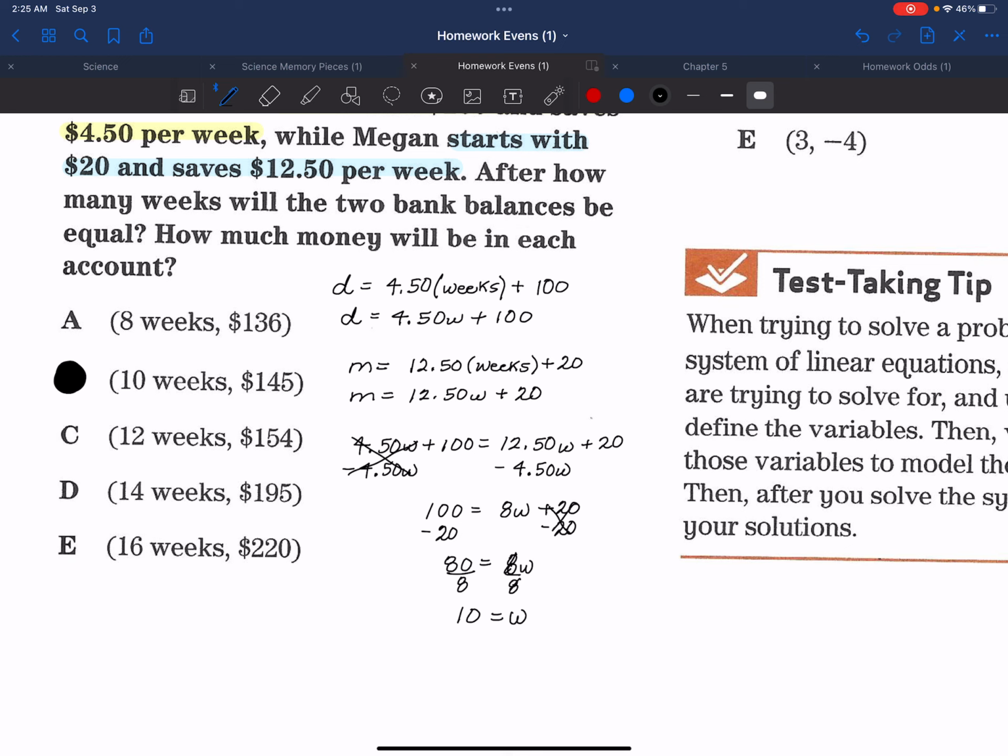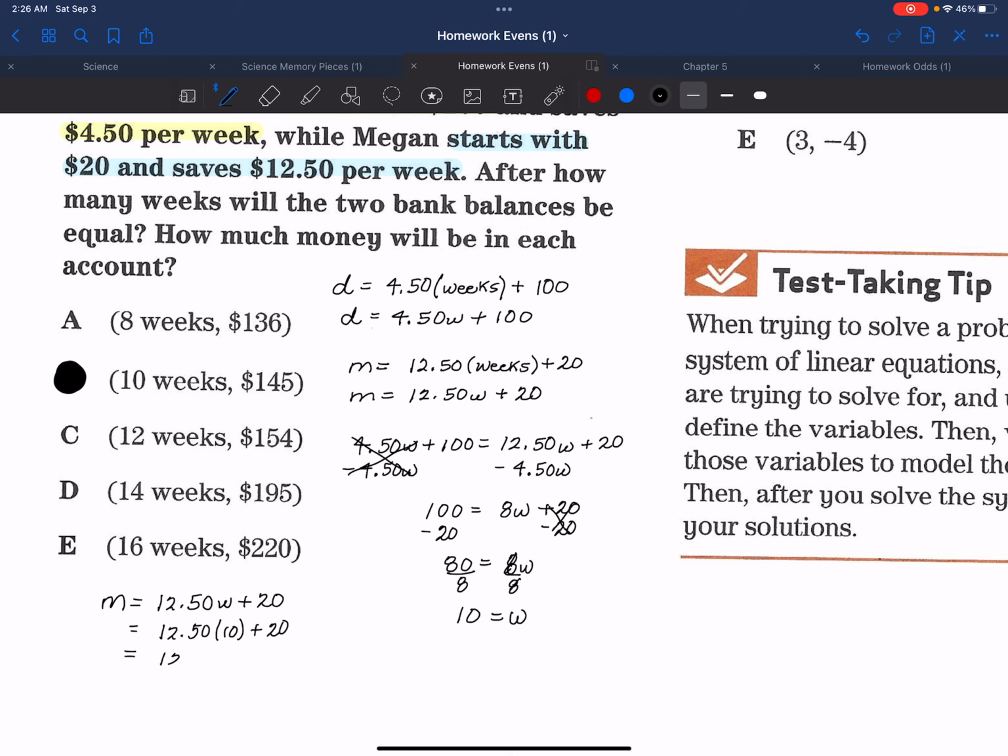So I'm going to pick one of my equations. I'll just use Megan. It doesn't matter. You can use Megan or Diana. So Megan is 1250W plus 20. So Megan is 1250 times 10 plus 20.